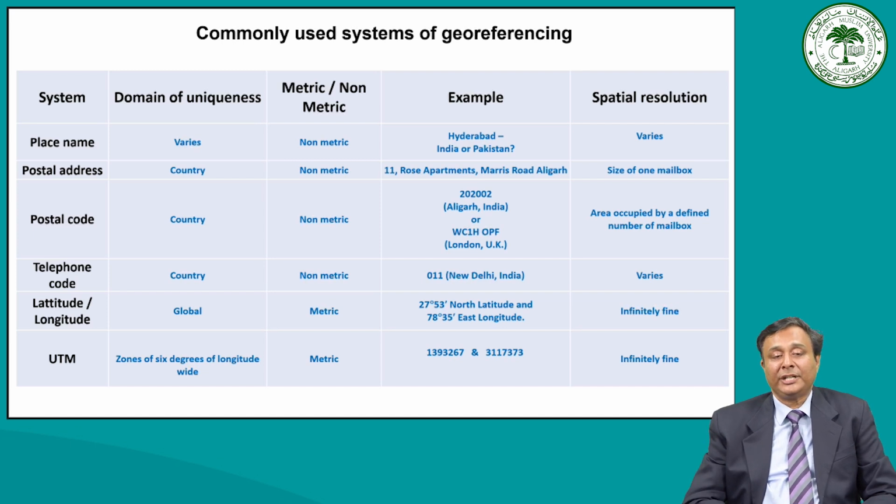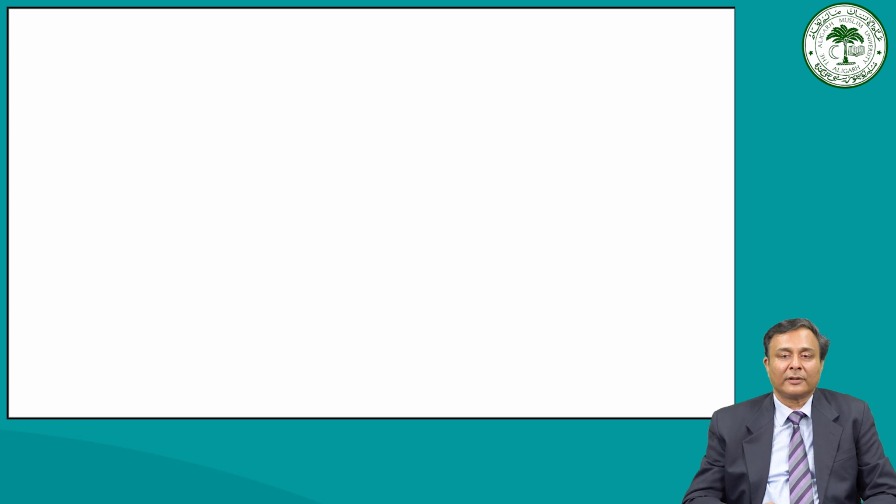Another is the UTM, which, if you recall from our previous discussion, is one important coordinate system where the areal expanse is 6 degrees of latitude and 6 degrees of longitude. This is also infinitely fine spatial resolution, and that we use for georeferencing.